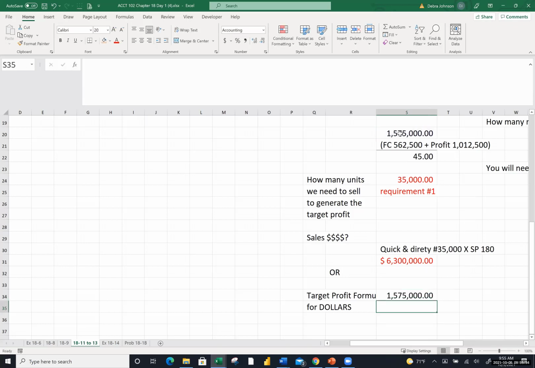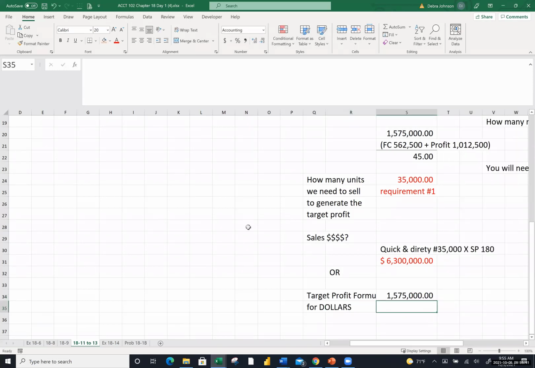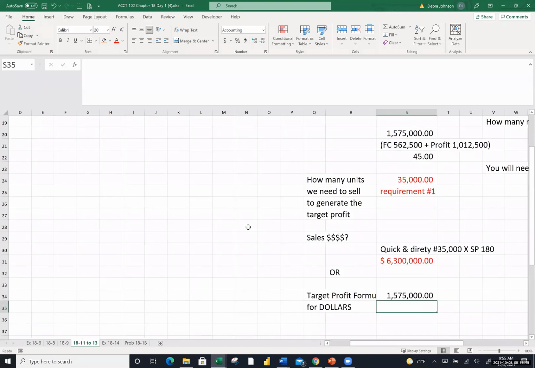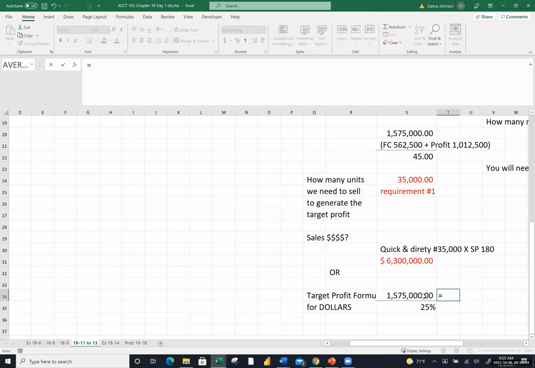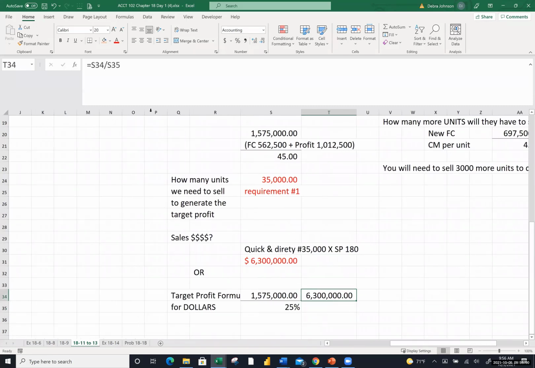That did not change. The bottom is what's changing. So let's go divide by the contribution margin ratio. I think it was 25, but let me go check. Yes. Sorry, the gardeners are here. You guys always have to deal with that. And pop that in. And we got exactly the same number, however you choose to do it.